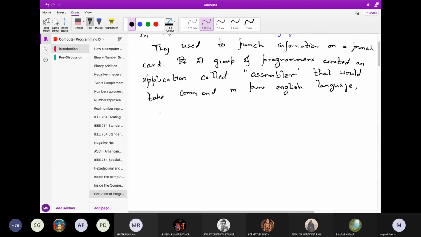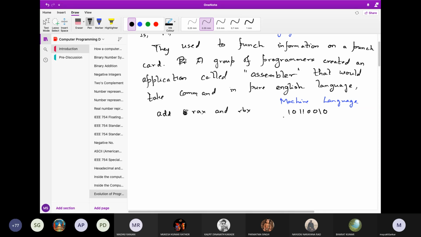What does this assembler do? Remember, in the punch card era, suppose I want to add 5 and 6, or maybe add RAX and RBX, in machine language that may be, say, 1 0 1 1. I'm just writing it for some hypothetical machine.